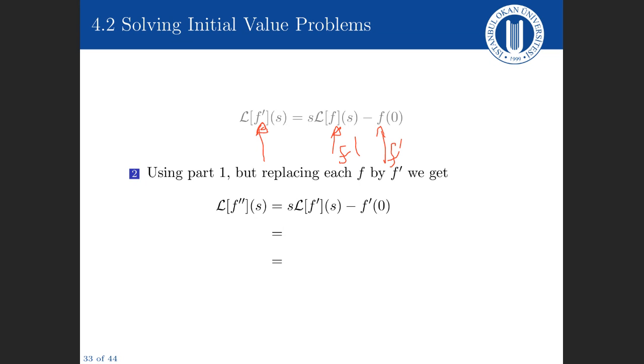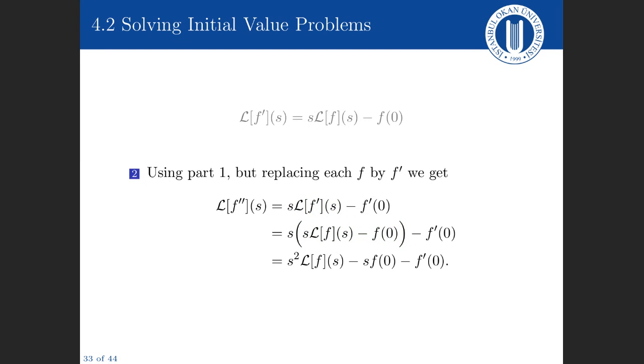On the left side we have f prime prime, or f double prime. Just exactly using the first formula but replacing f by f prime. Then we use the formula from part 1 again. We know what the Laplace transform of f prime is. This is just s times the Laplace transform of f minus f of 0. And we obtain the formula that we wanted.